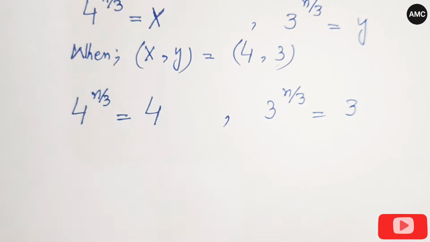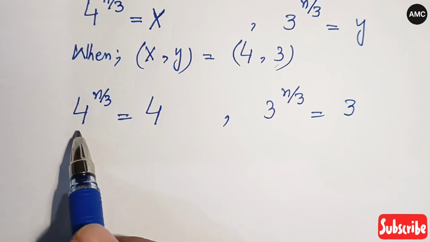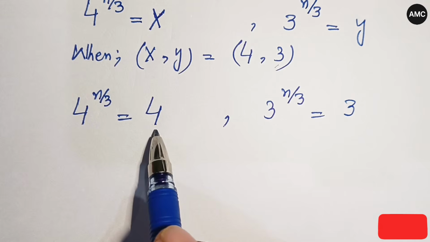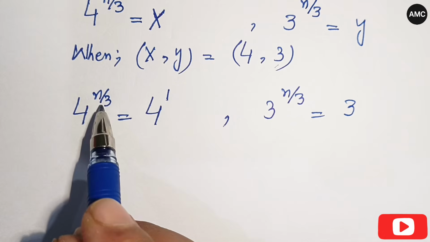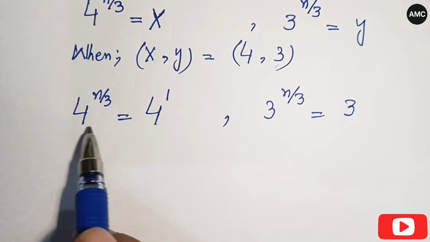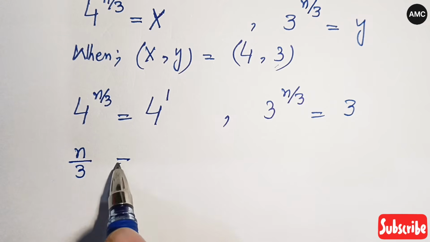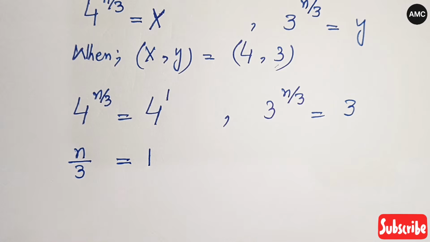From these two equations we see that on the left hand side the base is 4, and on the right hand side the base is also 4. Here the exponent is 1, and here the exponent is n over 3. So when bases are the same, exponents will be equal. We write n over 3 is equal to 1.